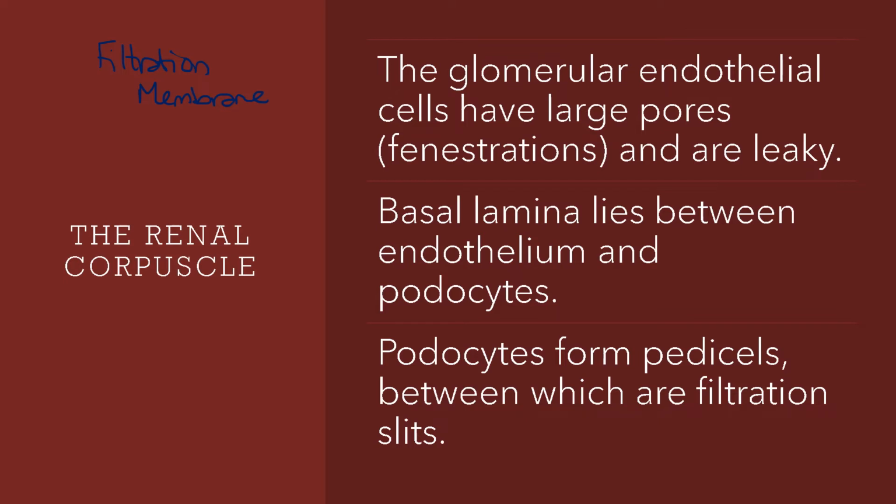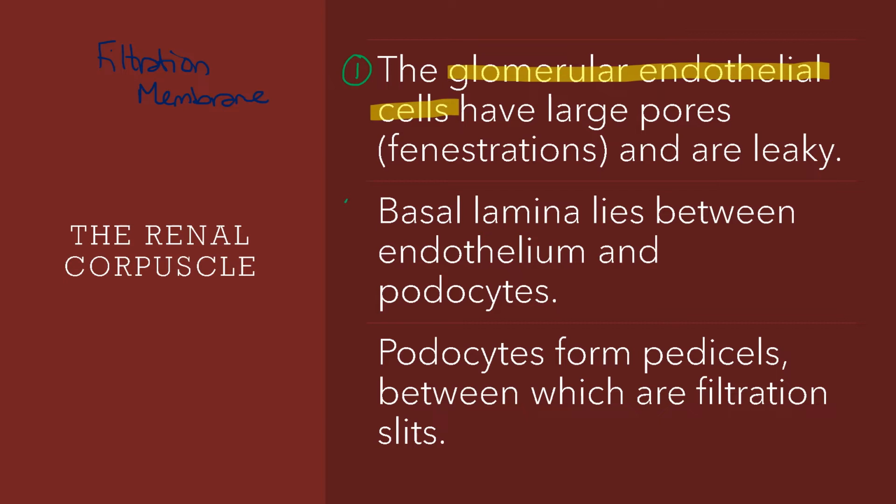So substances filtered from the blood have to actually cross three filtration barriers. The first one is the glomerular endothelial cells. That's going to be the first barrier of the filtration membrane.